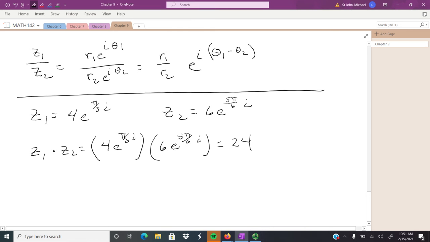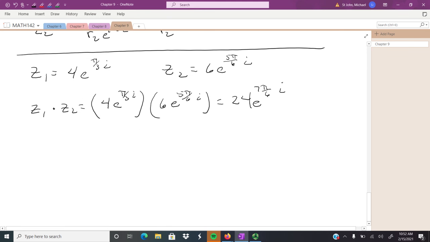And then I add those two angles together. Pi over 3 plus 5 pi over 6, common denominator would be 6. So that would be 2 pi over 6 plus 5 pi over 6, which gives me 7 pi over 6 i. Right?